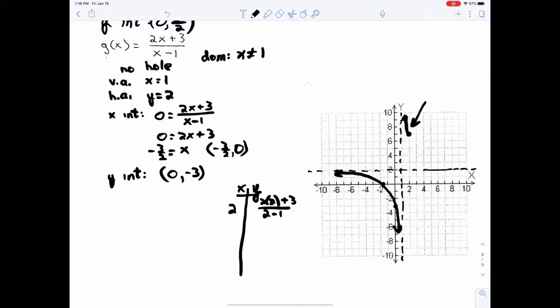Okay? Because if it goes down, it would be crossing the horizontal asymptote. And from that point, as it goes to the right, it's got to approach the asymptote but not reach it. So that 1 point is good enough for a decent sketch.